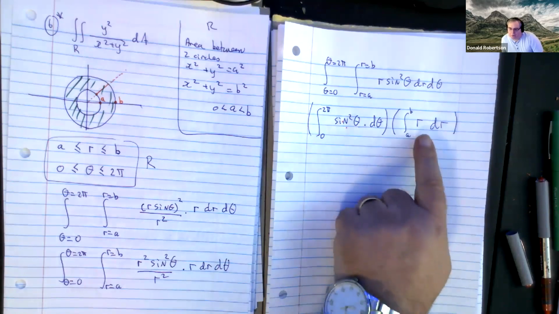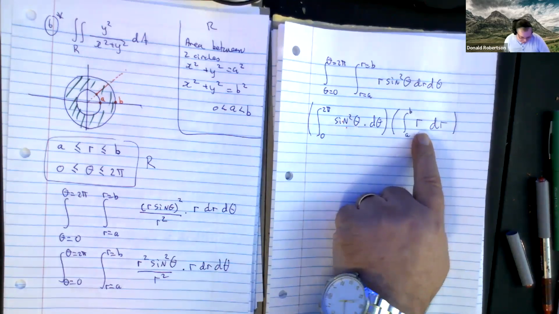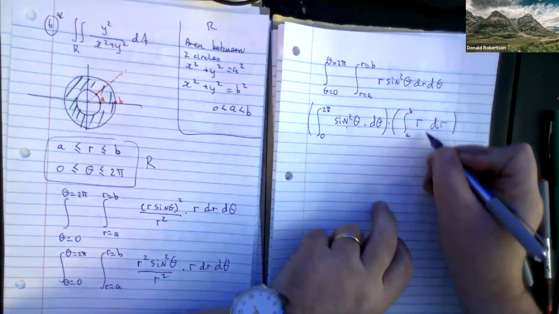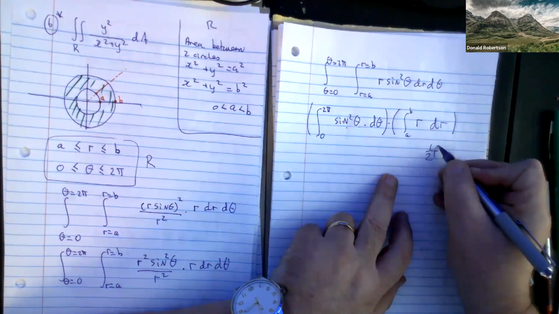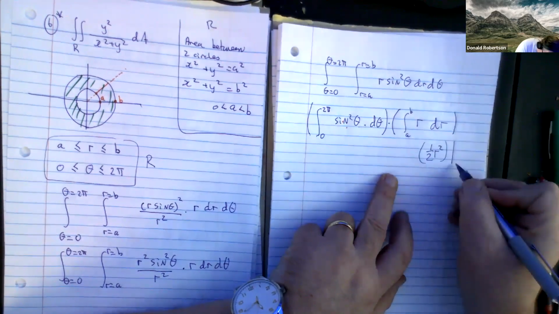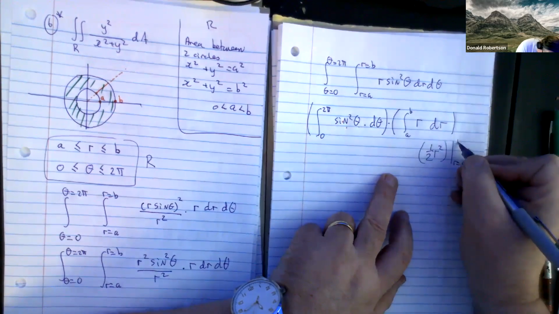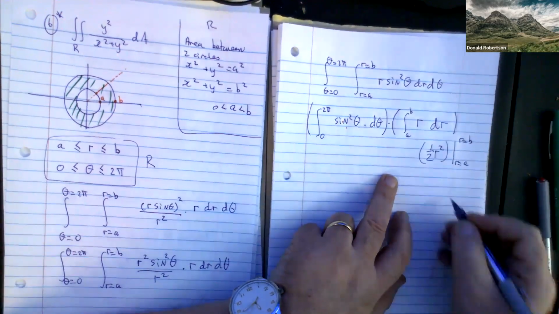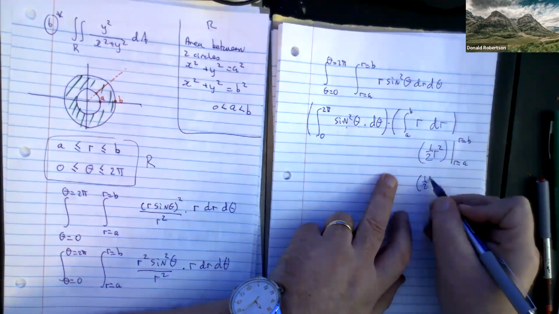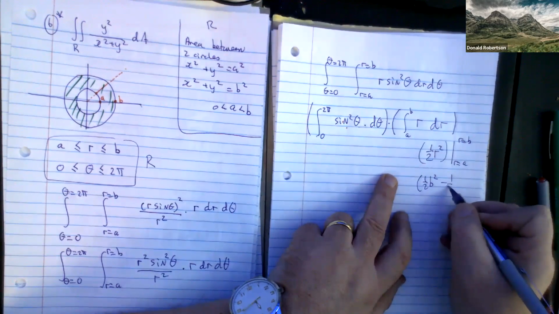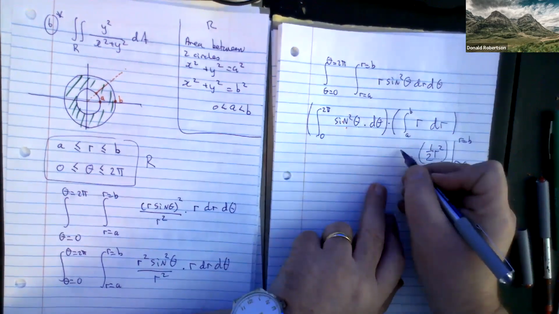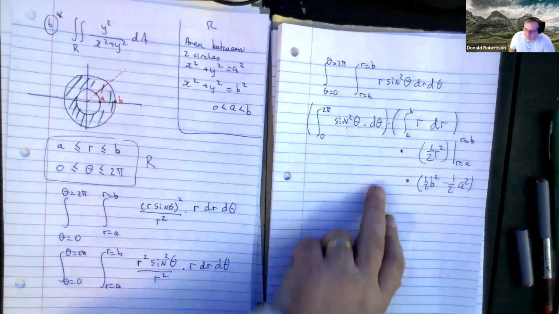Let's do that one first. Power rule, evaluated at r equals a to r equals b. That's going to get me 1/2 b squared, take away 1/2 a squared. And we're done, right? That was quick.